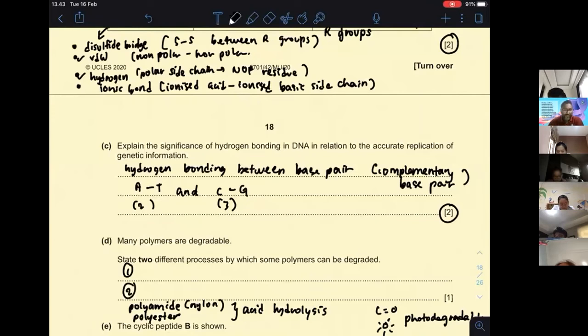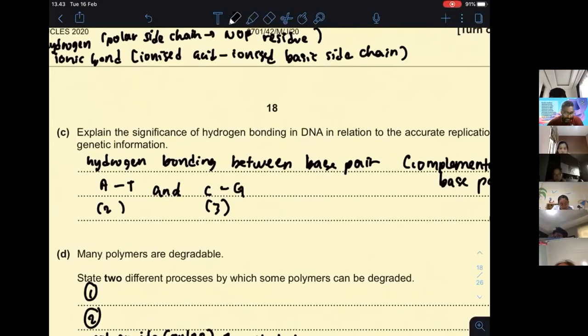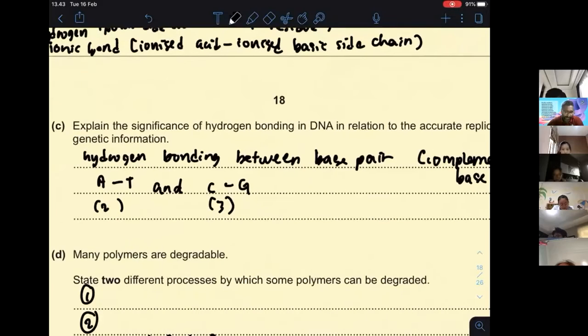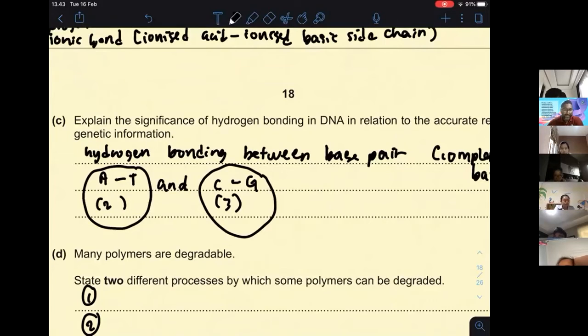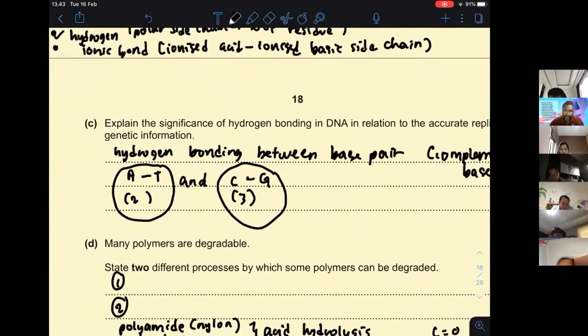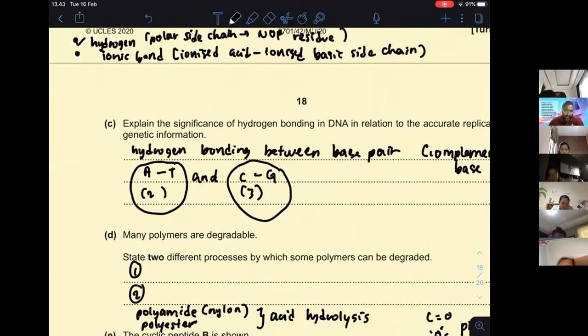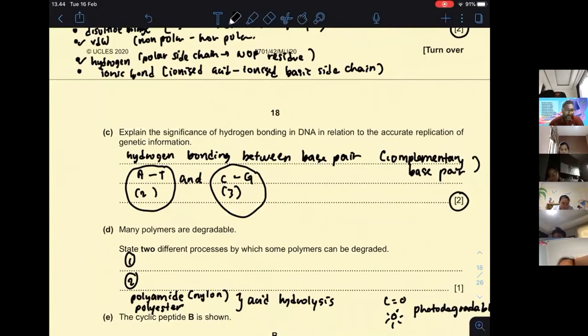But if you want to mention, you can mention that there are total 2 hydrogen bonds between A and T, and there are 3 hydrogen bonds between C and G. This complementary base pair. So the marks are given for hydrogen bonding between the base pair, and if you mention A to T and C to G, then you will get another 1 more mark. So complete 2 marks.